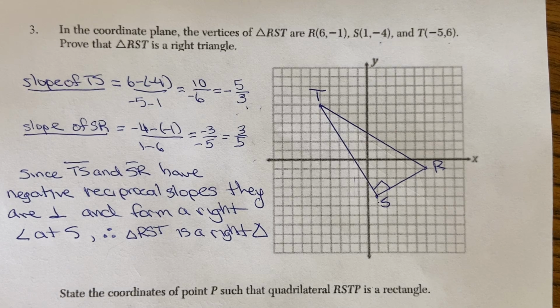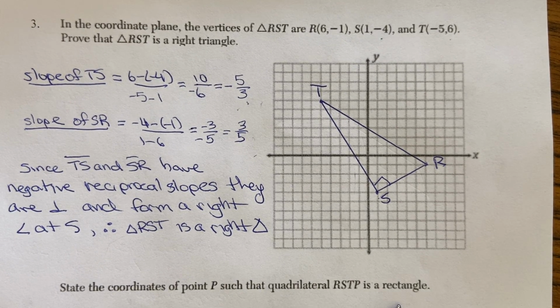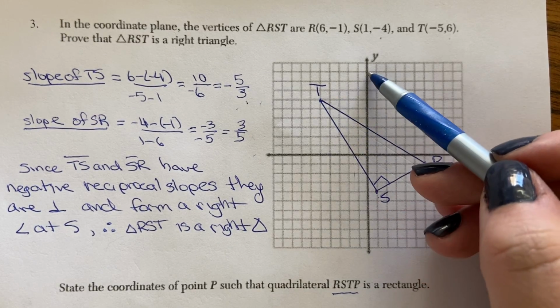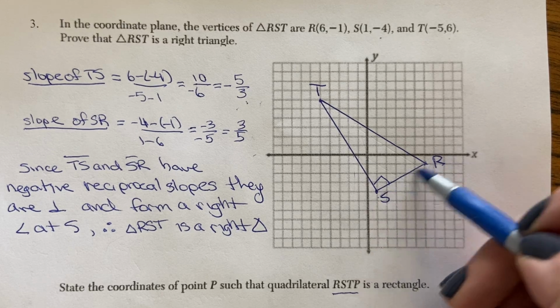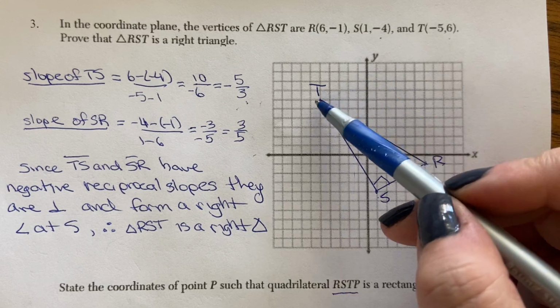So it says, state the coordinates of point P such that quadrilateral RSTP would be a rectangle. So again, pay attention to letter order. It has to go R, S, T, to P. So P has to go up here somewhere. We want RS to be congruent and parallel to TP up here.